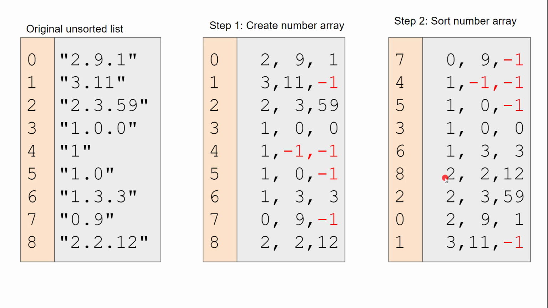By using a -1 in step 1, I made sure that 1.0, 1.0.-1, came before 1.0.0, and 1.-1.-1, came before both of those. Most importantly, I kept track where the version numbers changed position in the list.